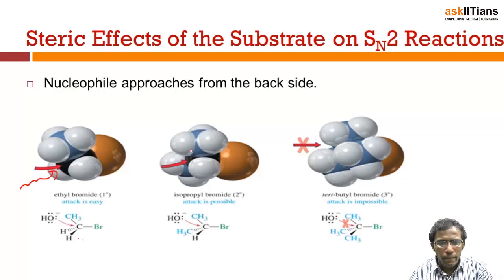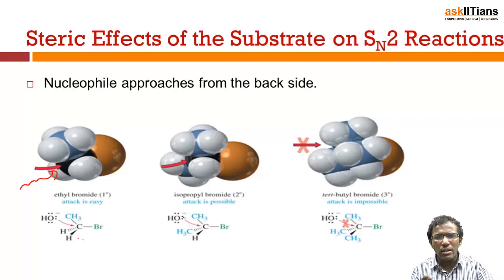In this case it can still attack, but it feels more steric hindrance because there are 2 CH3 groups. The incoming OH minus will encounter repulsion from these 2 methyl groups. This is known as steric hindrance.